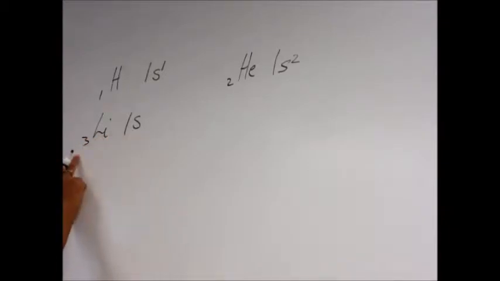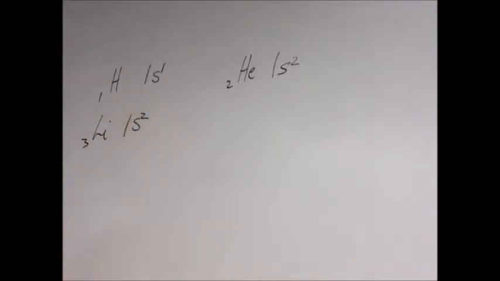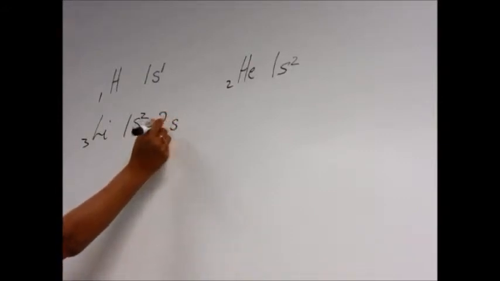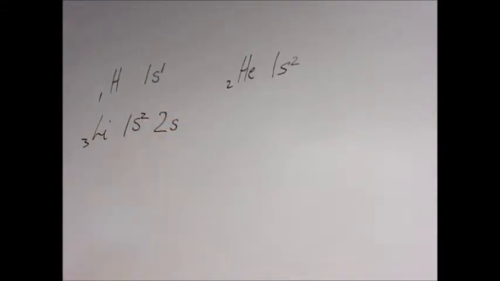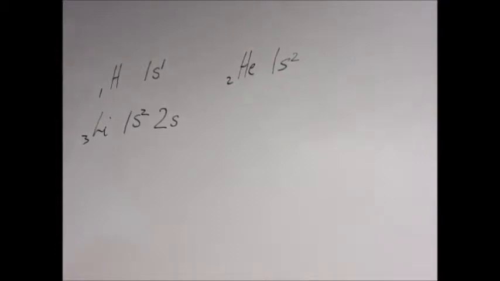Now I have to fill 3 electrons, so 2 can go in the first shell, and then I start with my second shell. The first orbital I will fill in the second shell is going to be S. The second shell has 2 numbers possible in it, right? L is equal to 0 and L is equal to 1. That's S and P. Okay, so I will start with S, not with P, and I fill 1 electron there. Okay, that is essentially what you do.